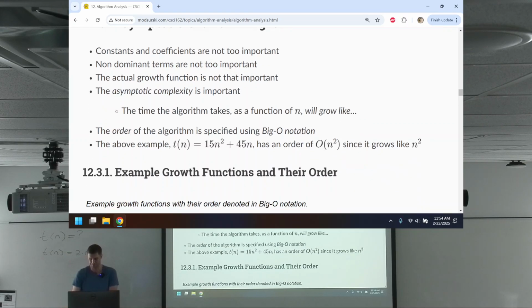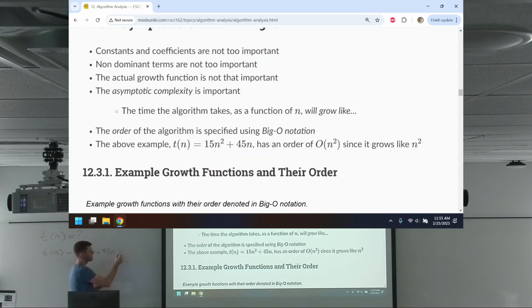All right, so the order of the algorithm is specified using big O notation. The above example, T of n equals 15n squared plus 45n, has an order of big O of n squared, since it grows like n squared. So I went from 15n squared plus 45n.